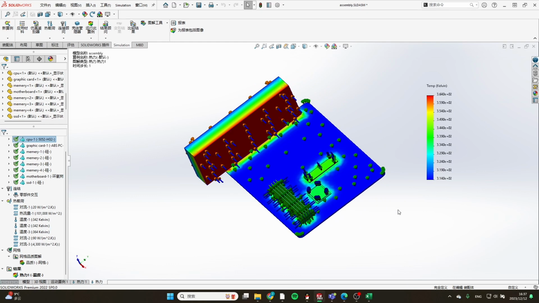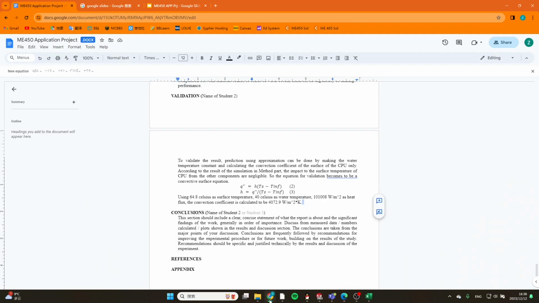So that's our application project. To conclude, we do this project because this value, the heat transfer coefficient, is hidden. The manufacturer didn't even provide a reference, nothing relating to this.